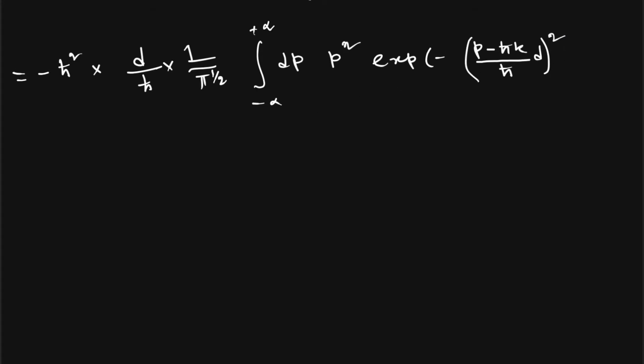So that means minus h cut square into t by h cut into 1 by root pi.